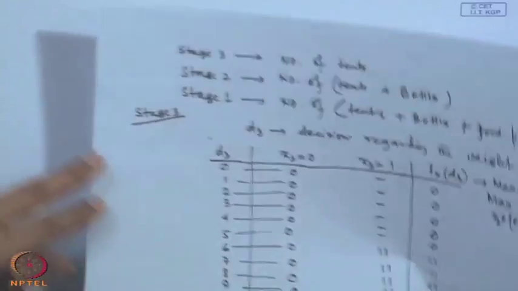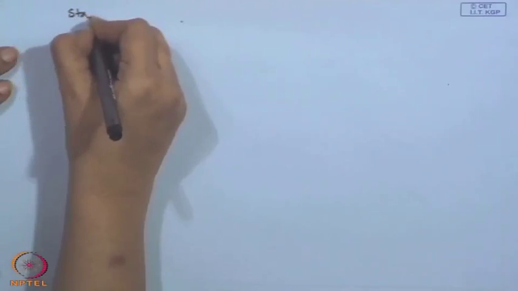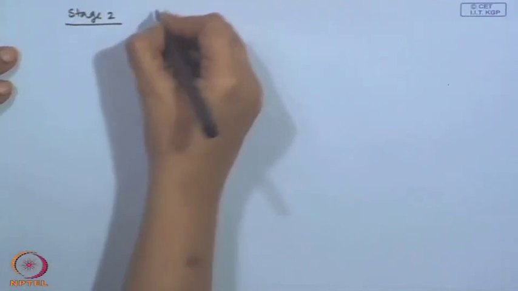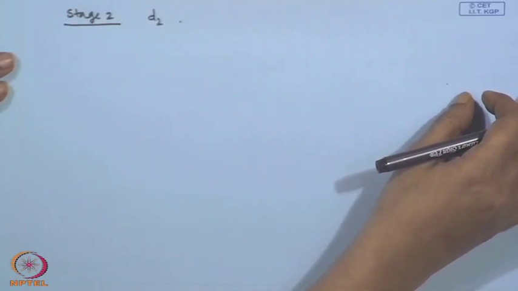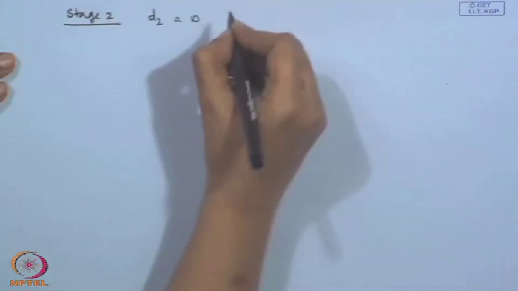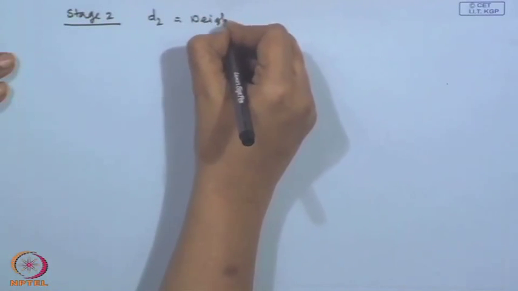Let us move to the next stage, that is stage 2. What is happening, just see. Here also we are considering D2 as the decision regarding the weight of tent as well as bottle, total weight.